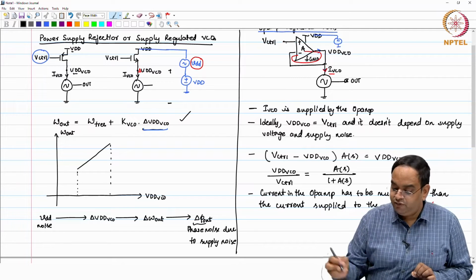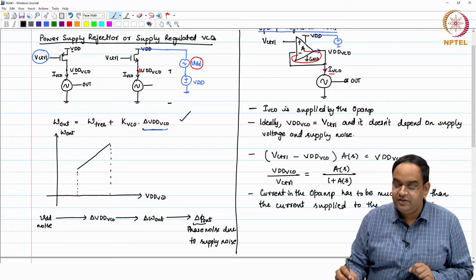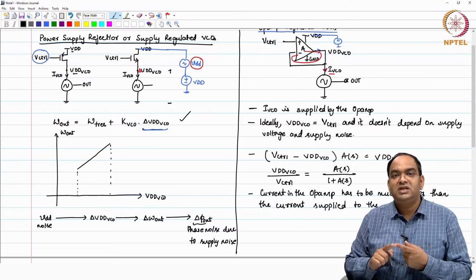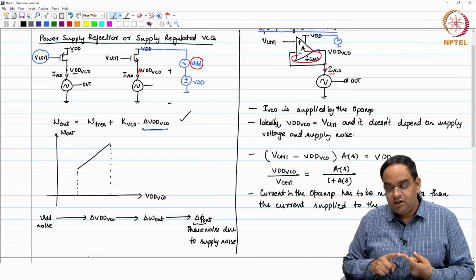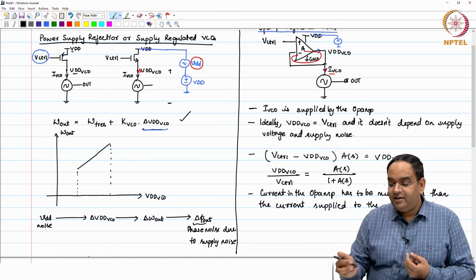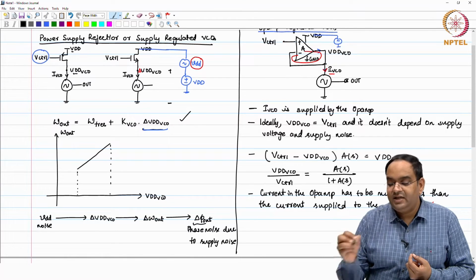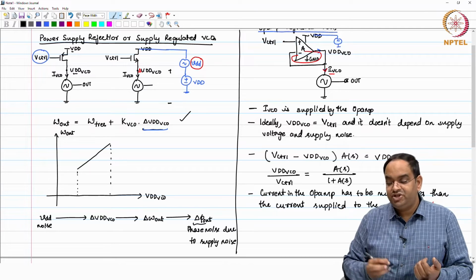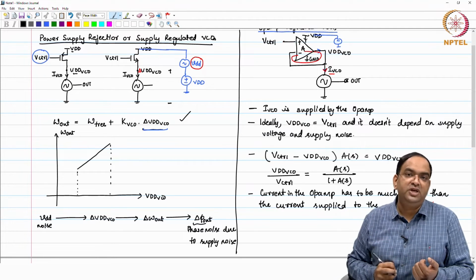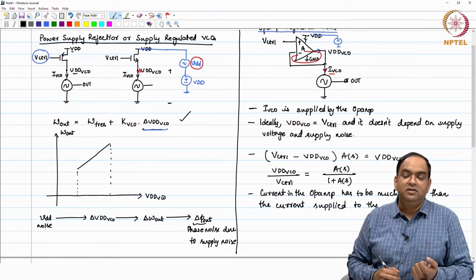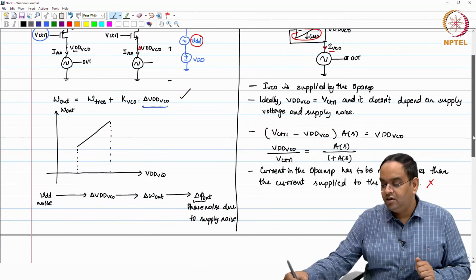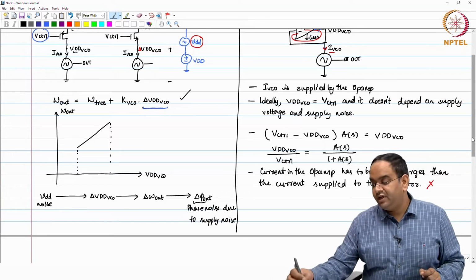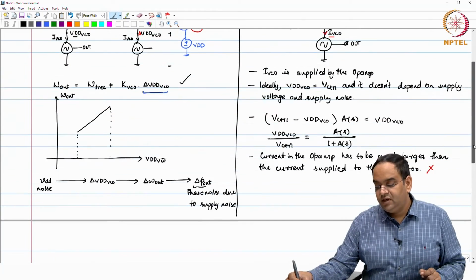So, the bandwidth from V control to VDD Vco has to be much larger than the bandwidth of the PLL loop, and because you want to supply this current, the current consumption in the op-amp has to be much larger than the current supplied to the Vco. So, this is one problem here, but it gives you really good supply noise rejection.